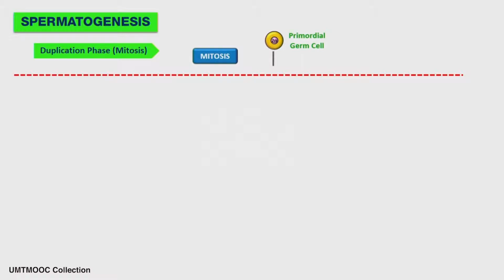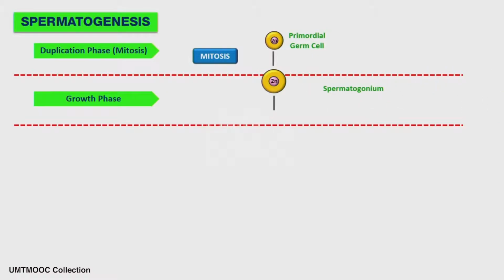In the duplication phase, primordial germ cells duplicate rapidly through mitosis, remaining as diploid cells. In the second phase or growth phase, the spermatogonium undergoes growth development to become a primary spermatocyte.